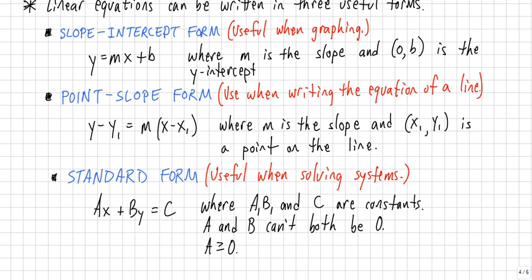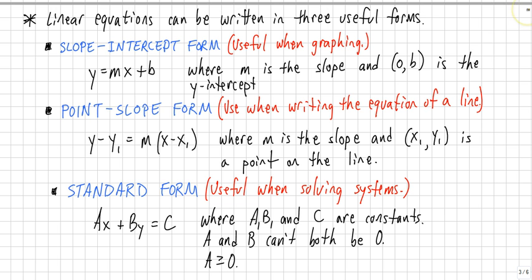All right, so linear equations can be written in 3 very useful forms. These should be familiar from Algebra 1. The first one is slope-intercept form. Slope-intercept form is extremely useful when you want to graph a line.